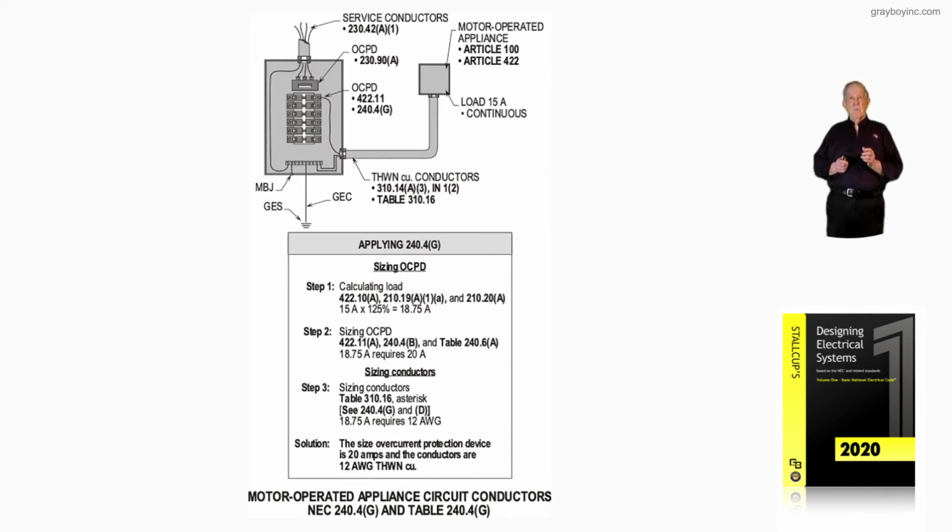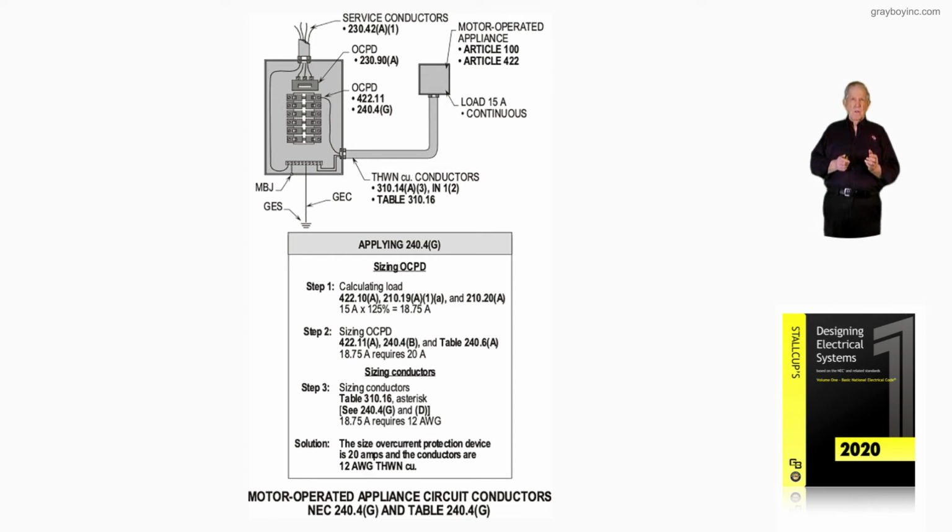Now, step 1, we apply 422.10(A) and 210.19(A)(1)(a). Now, I previously told you to look at 422.3(B) for the 125% rule, but take a look at 422.10(A) and then apply 210.19(A)(1)(a), and then the overcurrent device is 210.20(A).